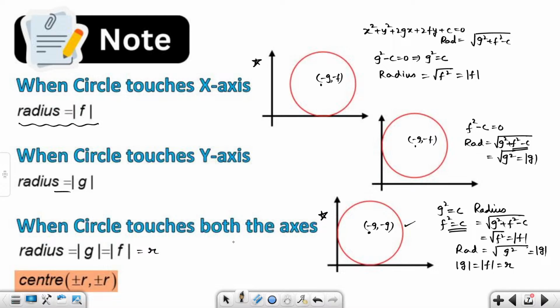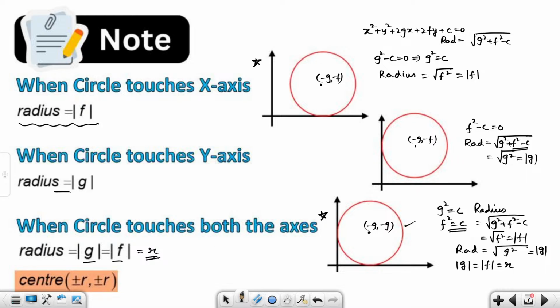Getting my point? But in all these cases, for the third one, your mod G and mod F are always same, which is equal to R. That is the radius of the circle. Is it clear? So these three things we have to remember.